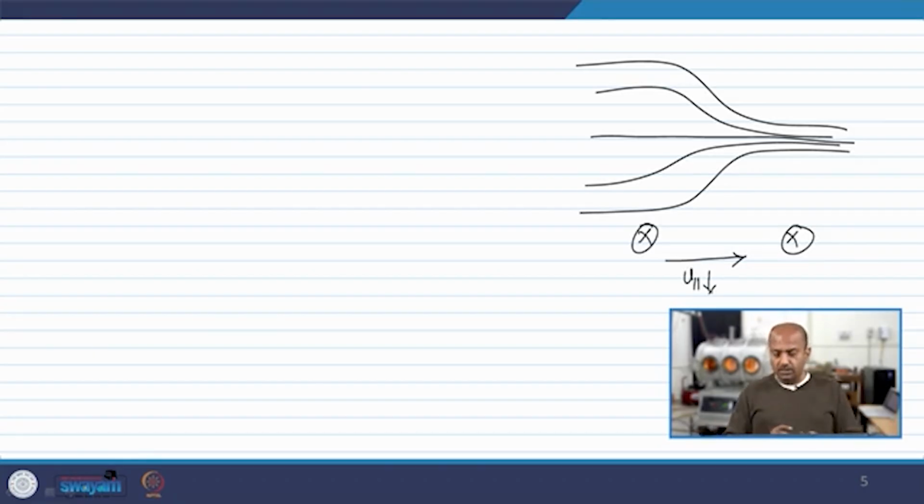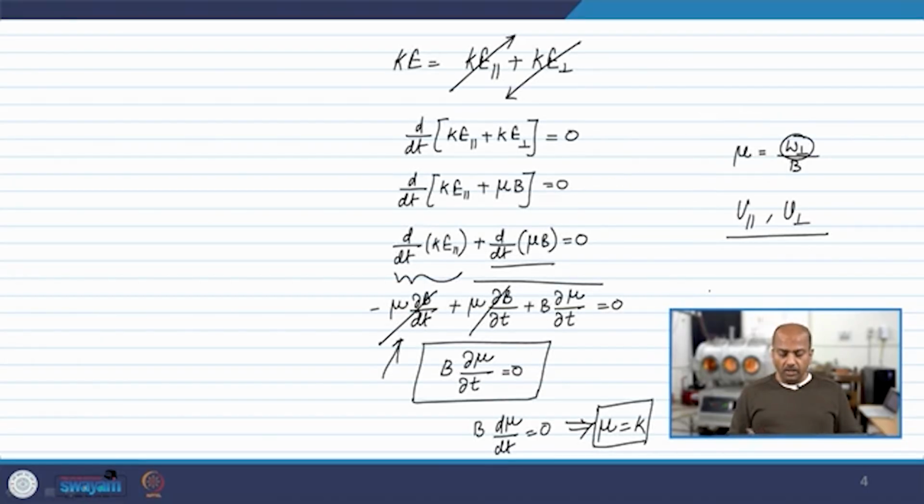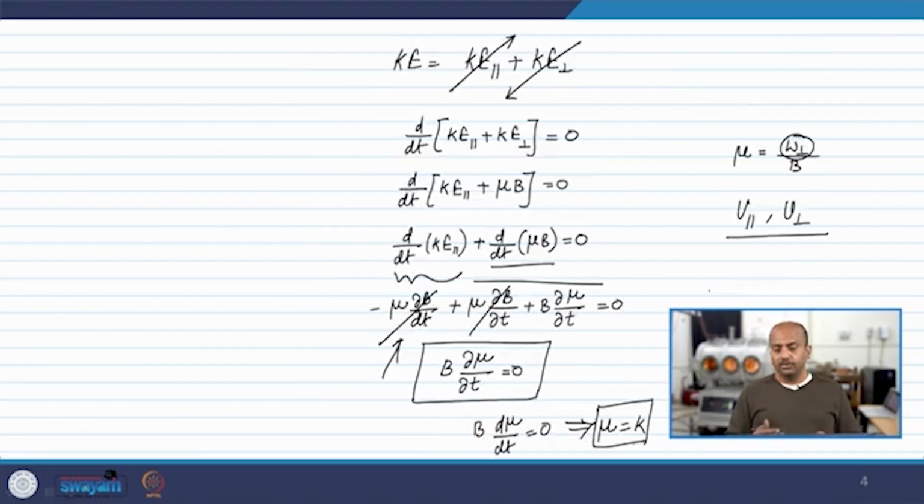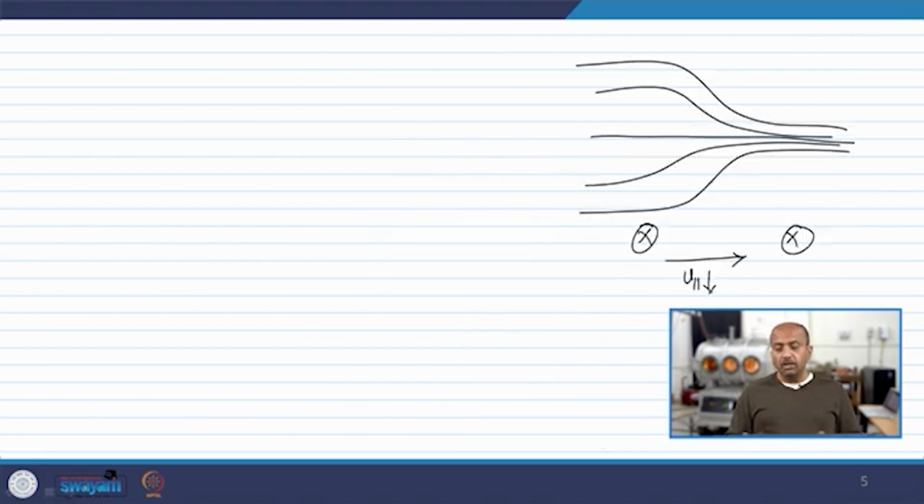From the earlier discussion it is very clear. So, as the particle is moving into the strong magnetic fields, its V parallel will keep on decreasing. The kinetic energy part along the parallel direction will keep decreasing. At the same time, the perpendicular component will keep increasing, right. So, V perpendicular will increase.